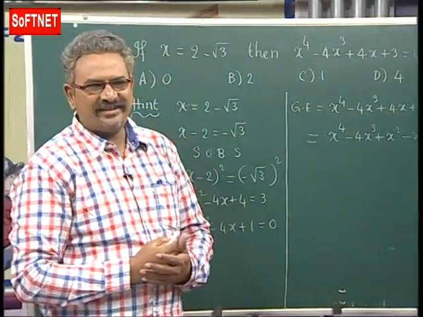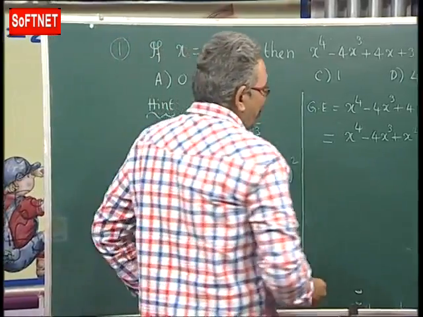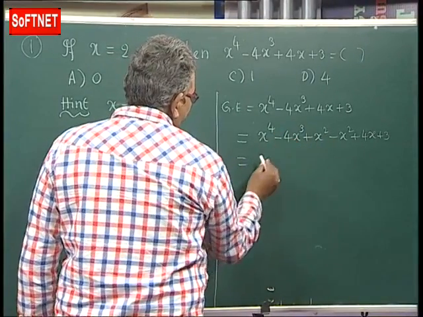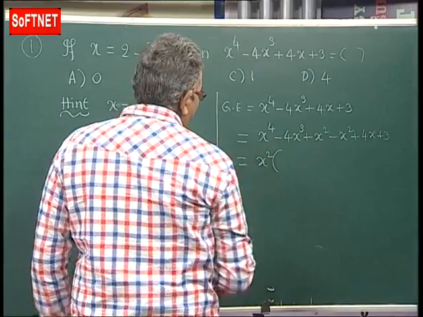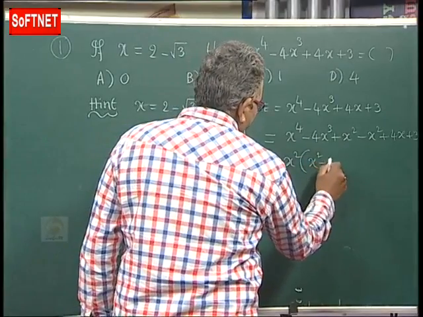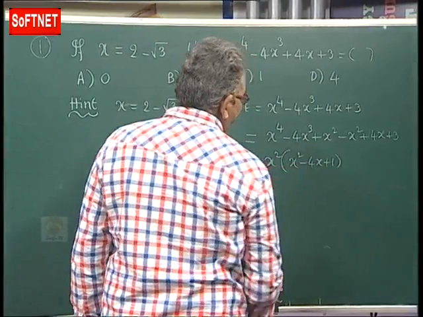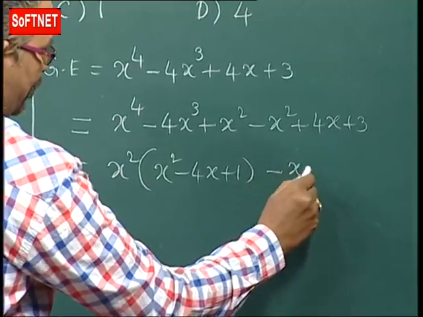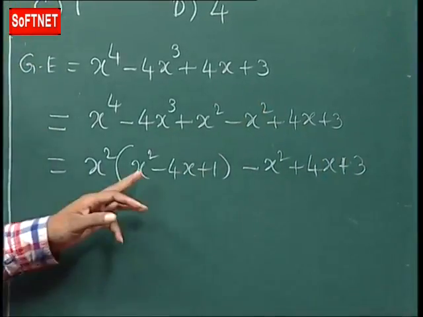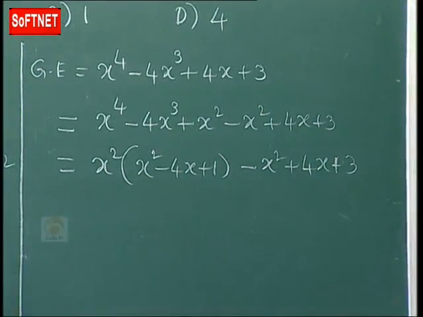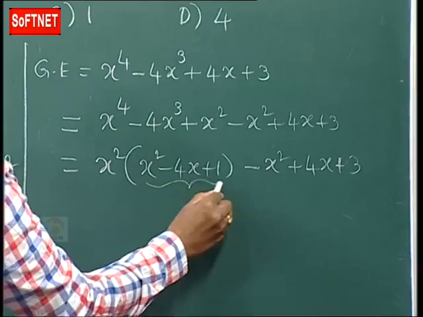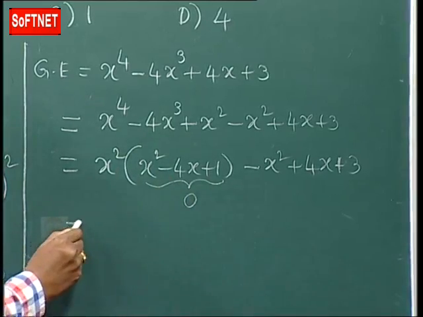Does it make any difference? No. Now from these 3 terms, take x square common. If you take x square common, what do you get? x square minus 4x plus 1, and minus x square plus 4x plus 3. See, what is the value of x square minus 4x plus 1? Yes, given, that is equal to 0. This value will be 0. So, x square into 0.